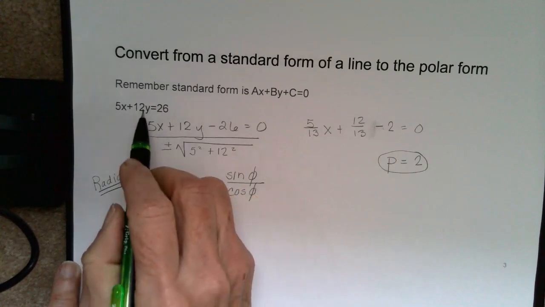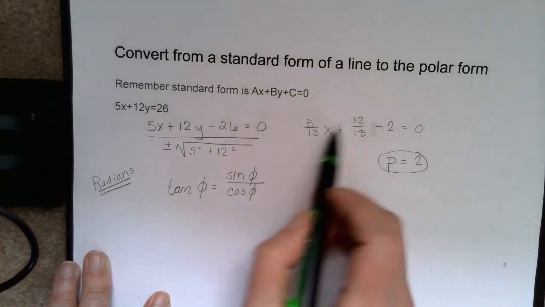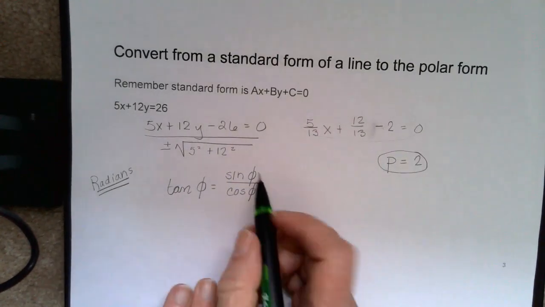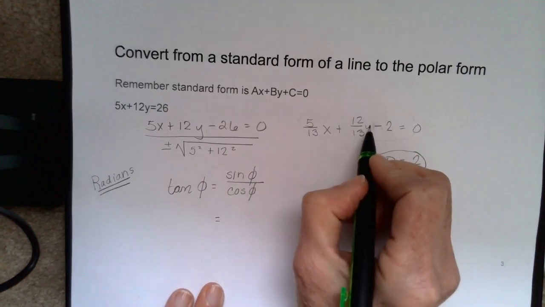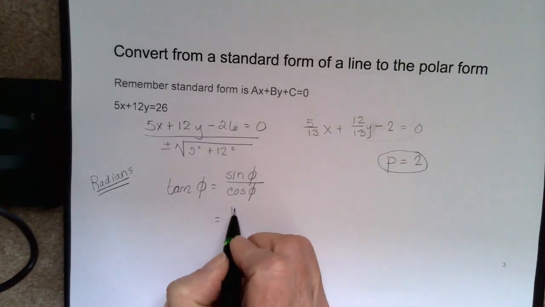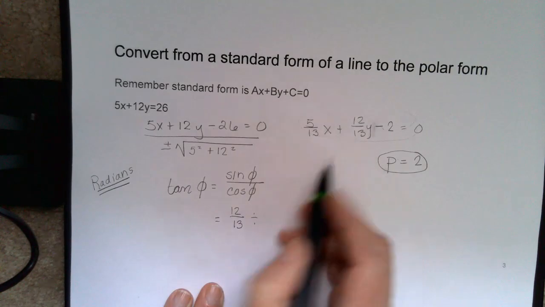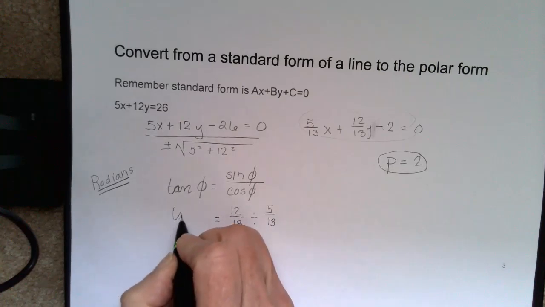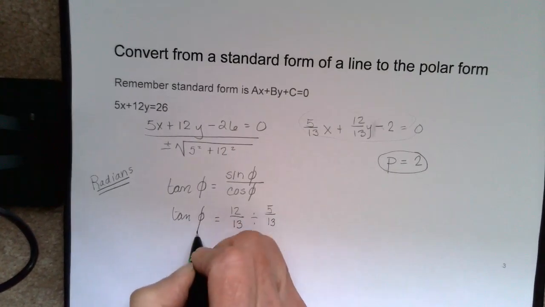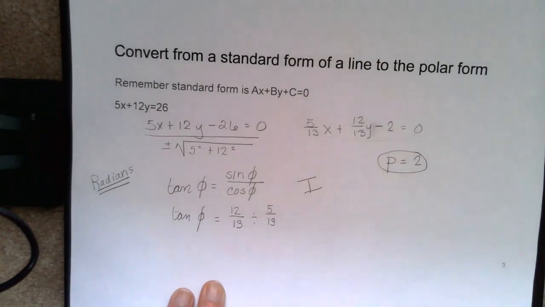I'm going to come over here because that's after I've already divided it. So the sine, 12 over 13, divided by the cosine, 5 over 13. So the tangent of phi is equal to that. Notice that they're both positive, so I'm talking about the first quadrant.